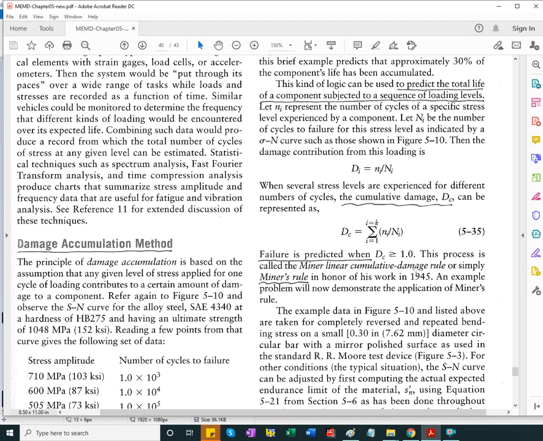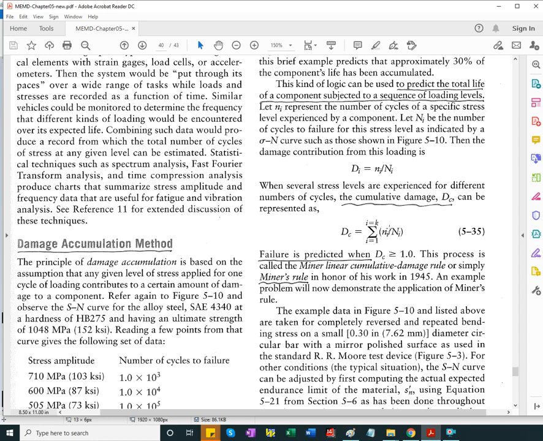So what are these terms? They could be number of cycles, or could be time of operation.